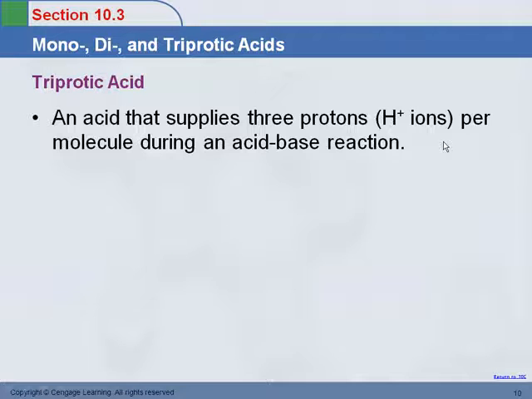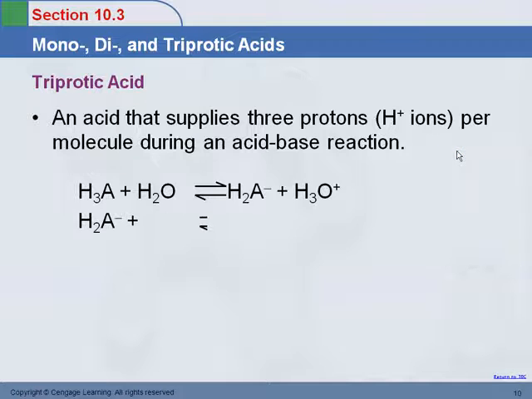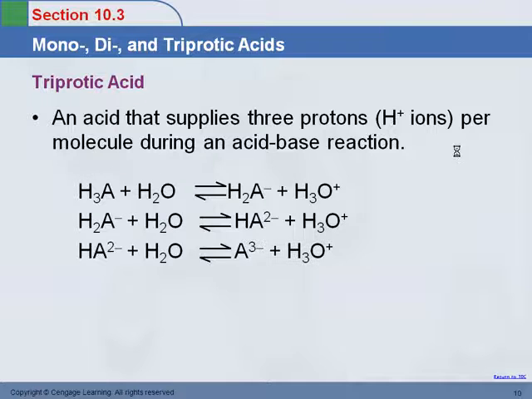Triprotic acids, we're looking at 3 protons. So there's my 3 in my formula. And now I have 3 different reactions to look at because I'm removing 3 different protons. Here's the removal of the first proton, and then I take the product of that reaction and remove the second proton, and then I take the product of that reaction and remove the third.